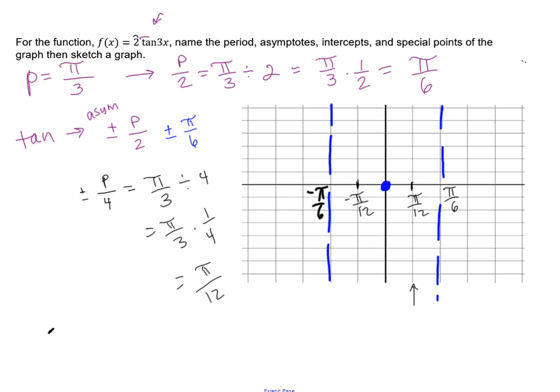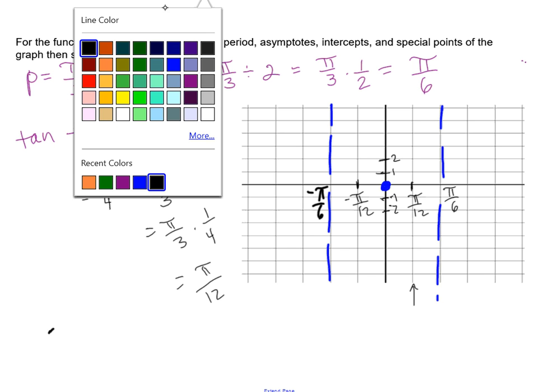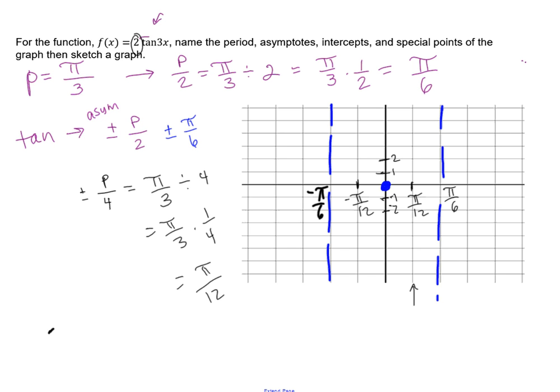And then we've got a quote-unquote amplitude of 2. So I'm going to go up 2 lines. So we've got -2, -1, 1, and 2. Okay, I've got asymptotes. I've got my intercept. Now I'm going to put in those special points. It is tangent, which means it's supposed to have this shape.